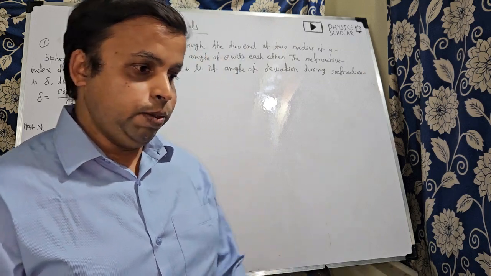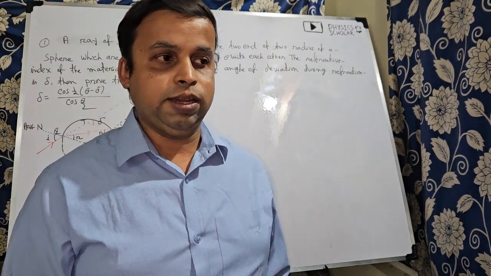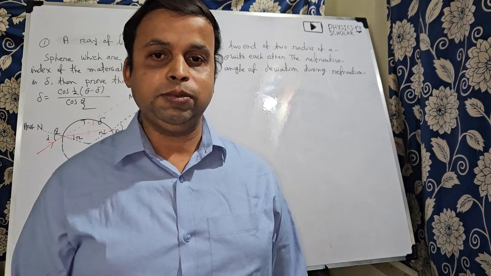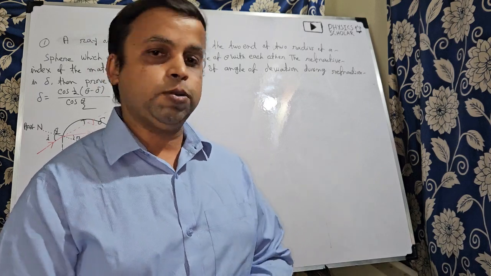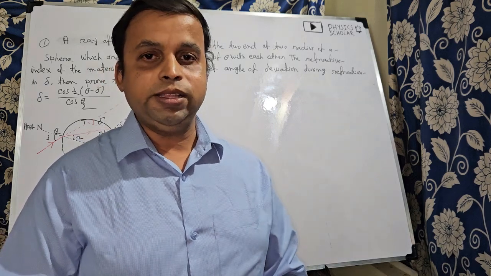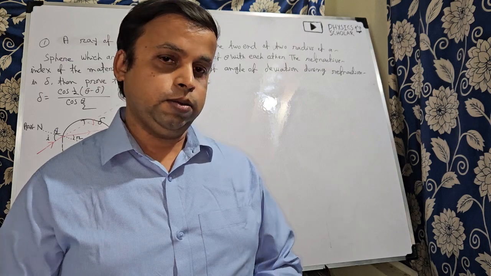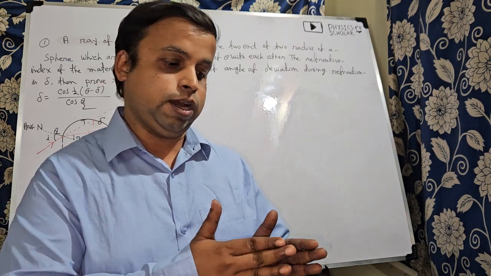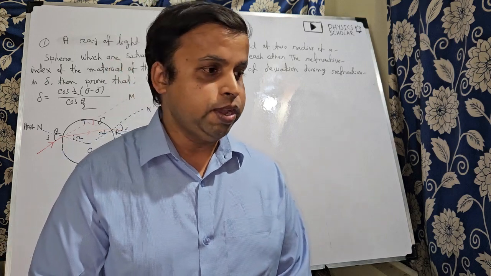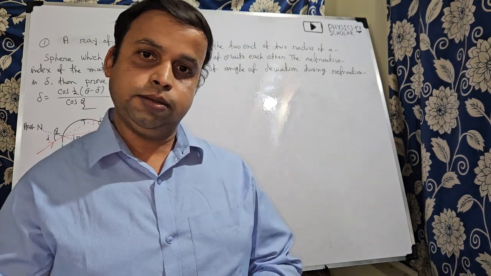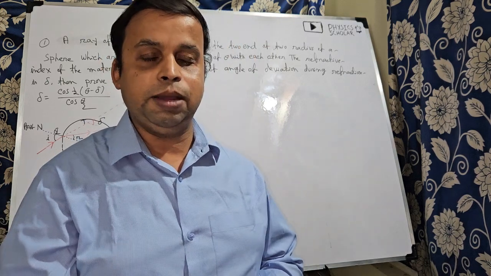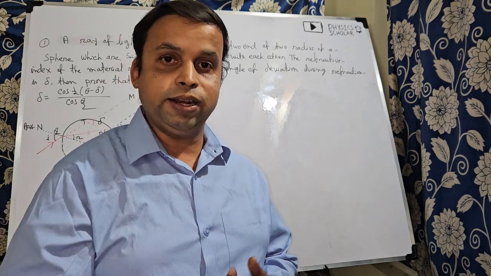If you follow my previous episodes, I already uploaded some of them, and I described the theoretical part: what is refraction, what are the rules of refraction, meaning how the ray will bend when it is coming from a rarer into a denser medium, or from a denser into a rarer medium.